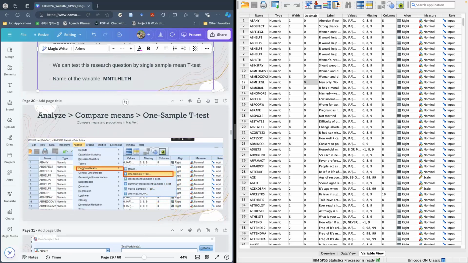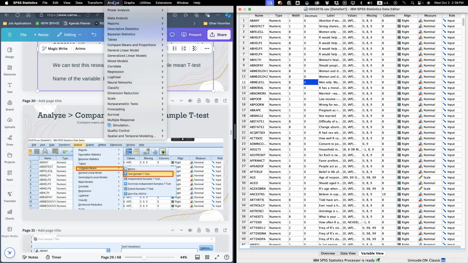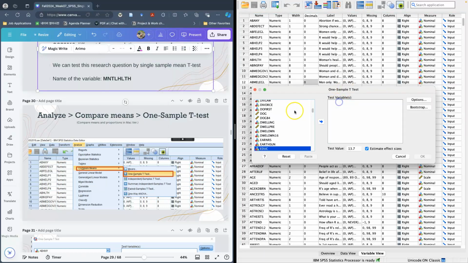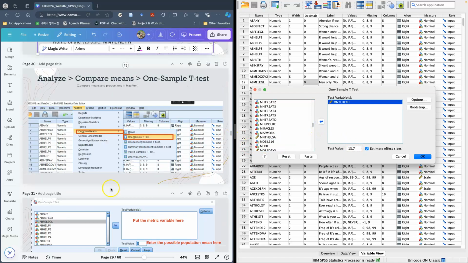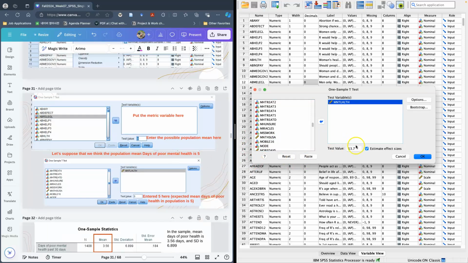Alright, the menu is the same. Going to analyze, compare means and proportions, and the one sample mean, single sample mean t-test. So this variable, MNTHLTH. Okay, so how about the mean?